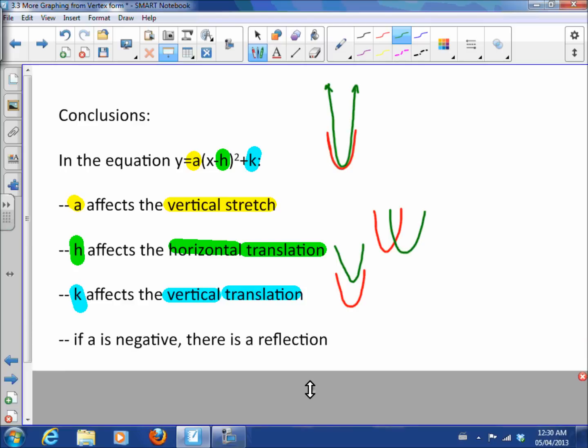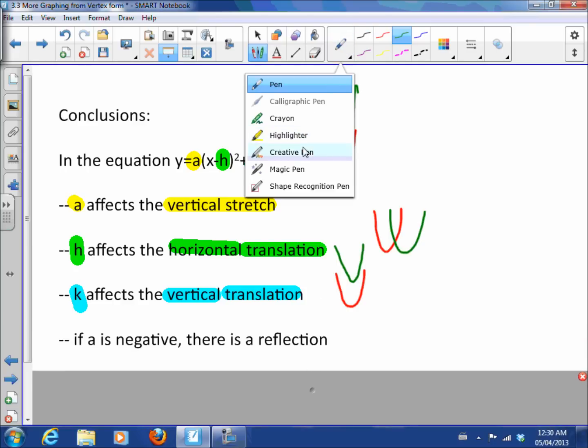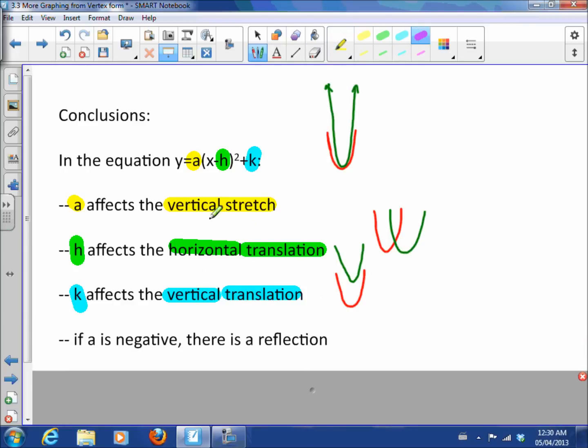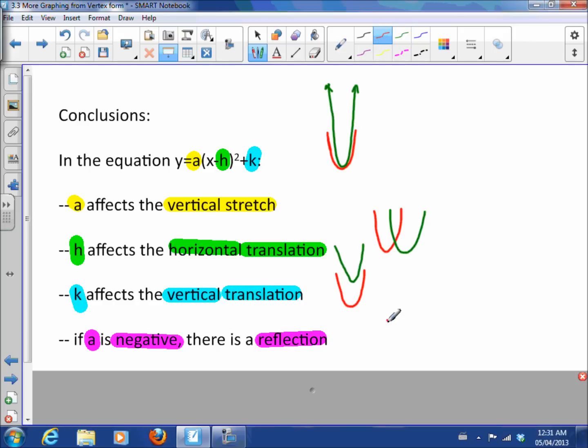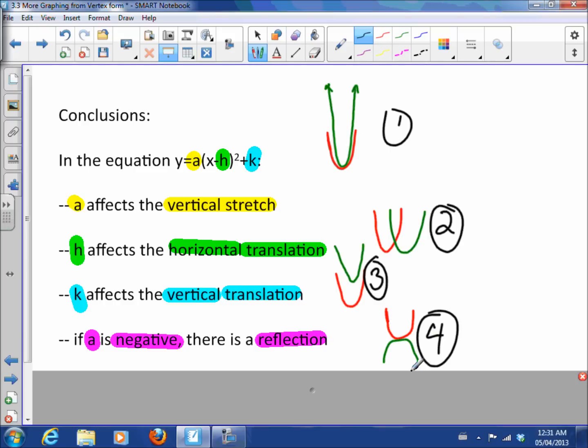And the last thing that we just talked about is if the A value is negative, then there's a reflection, right? So we said that that looks like, we go from that to a reflection, opening down. Okay? So those are the 4 effects that numbers have on our parabolas.